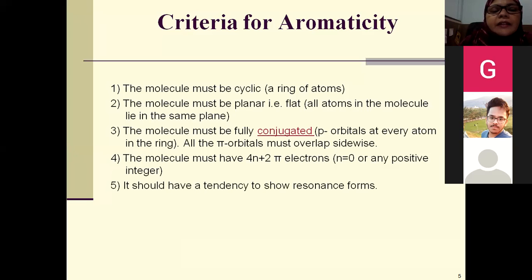The fifth criterion is that it should have a tendency to show resonance forms. Now, resonance also you have studied. Can anyone tell me what resonance is? Delocalization of electrons. Yes. Who was telling? Please tell me, what is resonance?